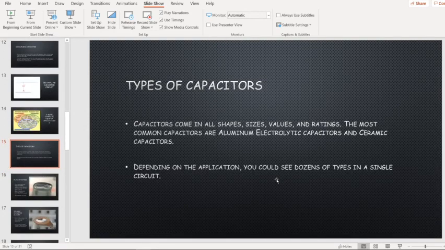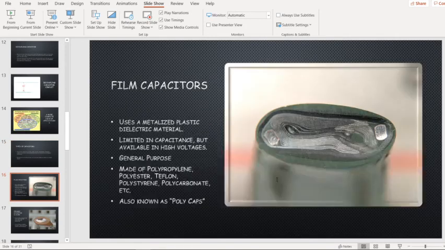Now, let's talk about film capacitors. And I brought up film capacitors earlier, and the applications are generally used for decoupling, but they're more general purpose than, say, aluminum electrolytics are. So because of their construction, their capacitance rating is very small relative to other things. And this is a concept known as volumetric efficiency.